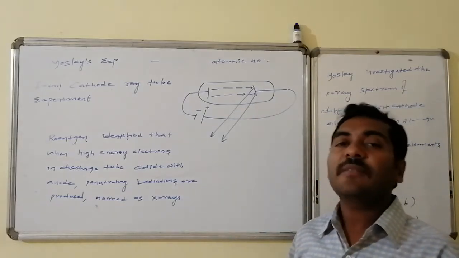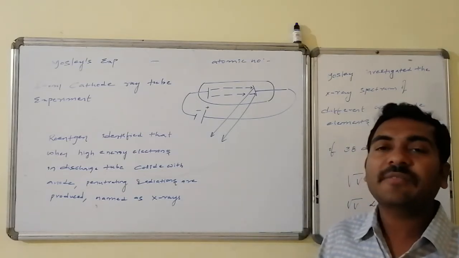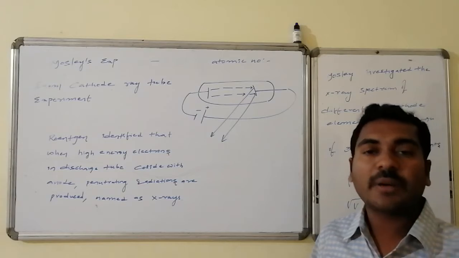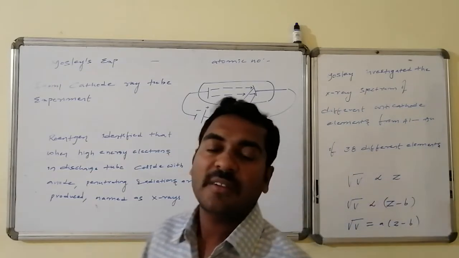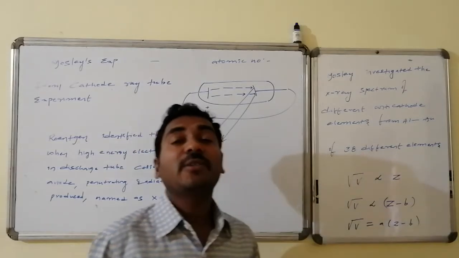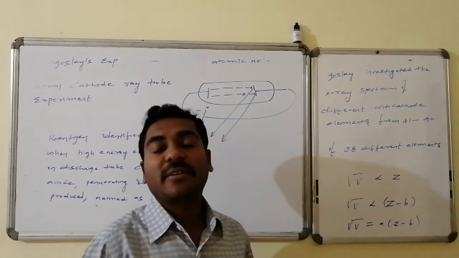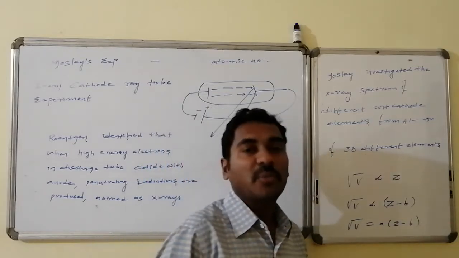By keeping different materials there, he investigated the spectrum of the outcoming penetrating radiation, of elements from aluminium to iron. Almost 38 elements' X-ray spectra were investigated by Moseley.